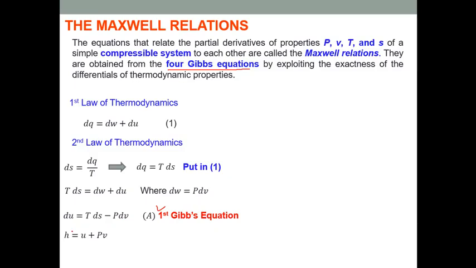We also know that enthalpy is equal to internal energy plus PV. So if we take the derivative on both sides, we'll have dH is equal to dU plus PdV plus VdP.